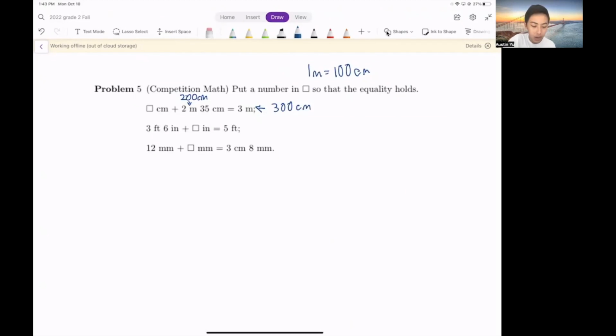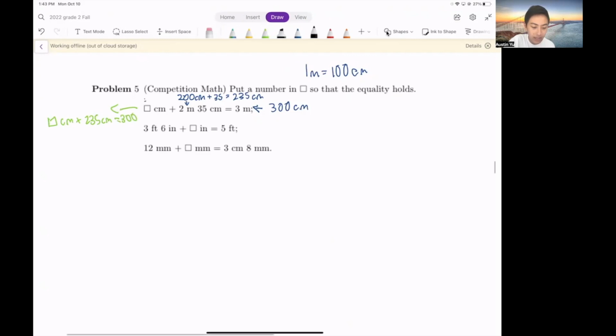And 200 centimeters plus 35 centimeters is 235 centimeters. So if we carry this over, it should give us something centimeters plus 235 centimeters is equivalent to 300, and this answer is just 65, because 65 plus 235 is 300.